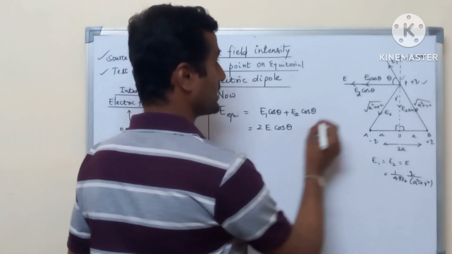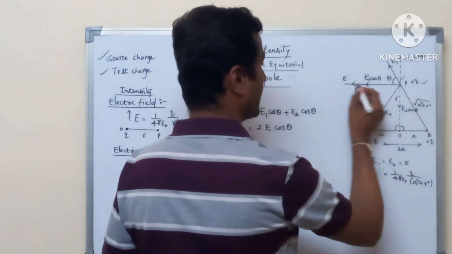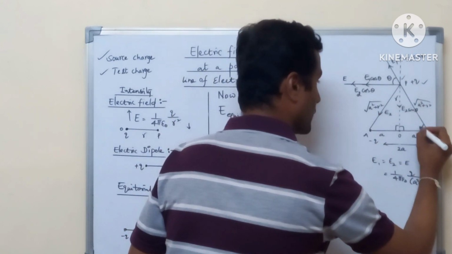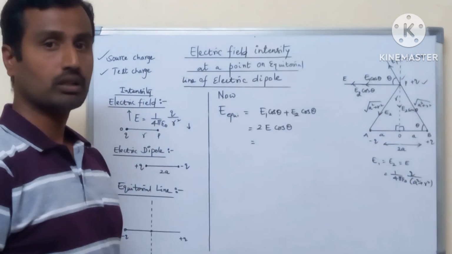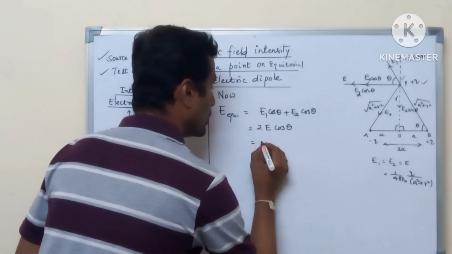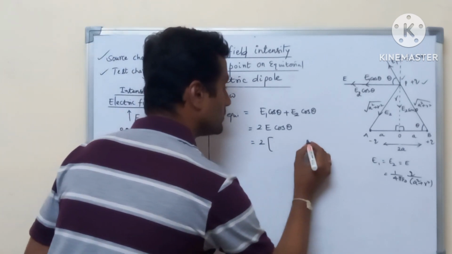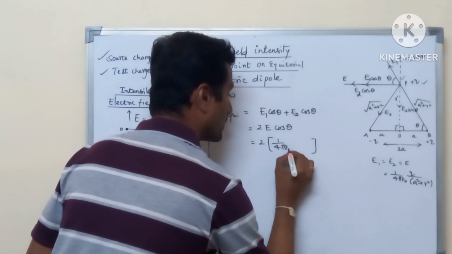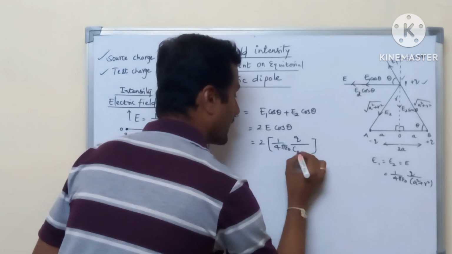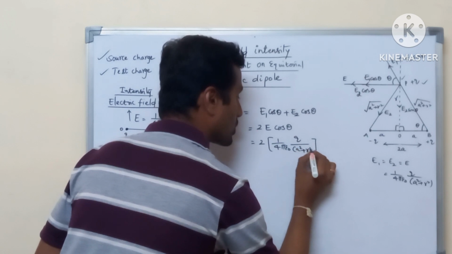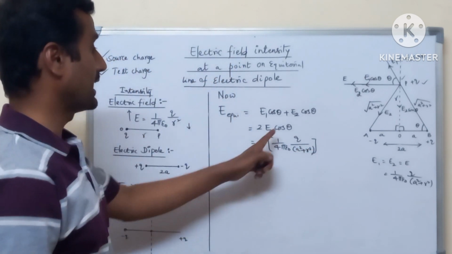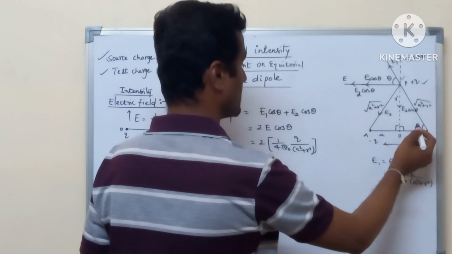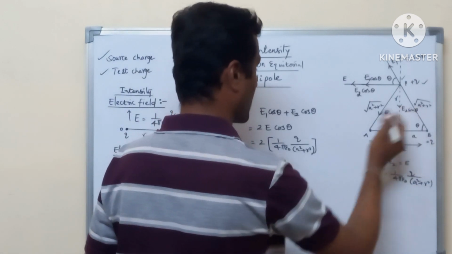Here theta is the angle between E1 and E. This is equal to 2 into 1 by 4 pi epsilon naught q by a square plus r square, and cos theta is equal to adjacent side by hypotenuse.